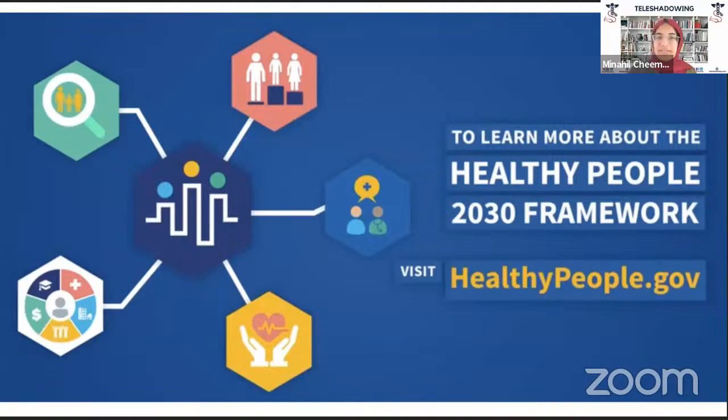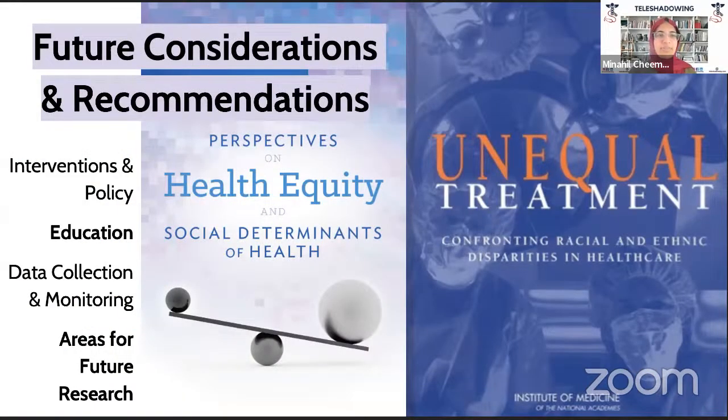If you want to learn more about the Healthy People 2030 framework, you can visit healthypeople.gov and see the status of where we are in all five of these areas. The social determinants of health has its own subcategories that we've also talked about, as prescribed by the CDC and different federal partners. So this is just one type of initiative or policy platform, you can say, of people actually wanting to go in the right direction. And this is actually a very recent video. It was released last year, so it's a very interesting framework.